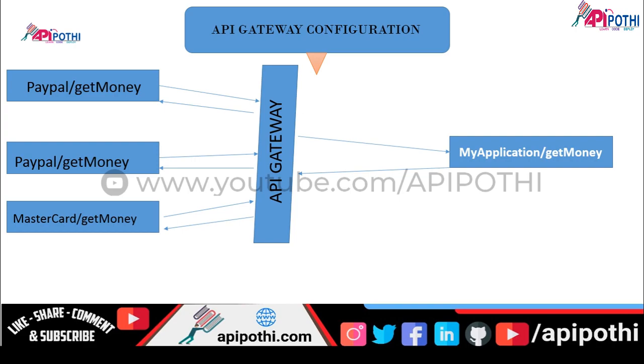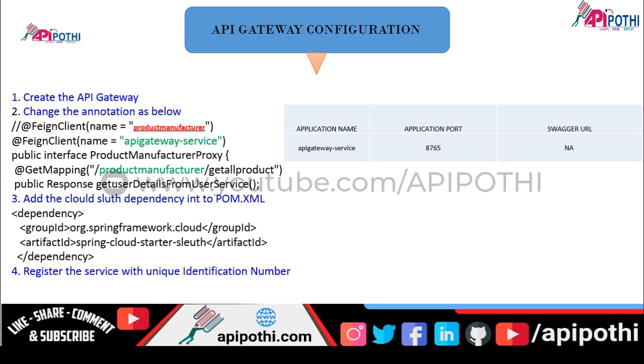We can also track which vendors hit our services directly through the API gateway. So these are all the basic things we get through the API gateway. The name itself is gateway. Done.